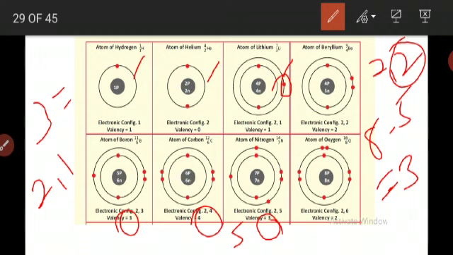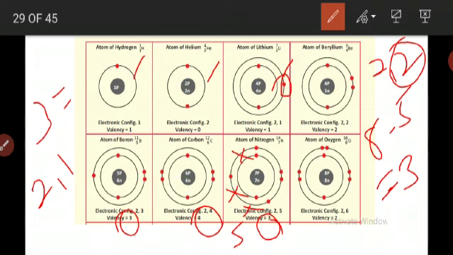Capacity of an electron means, you see, it needs 3 more electrons to attain stability, right? According to the octet rule, the outermost shell must have 8 electrons. That is stable.